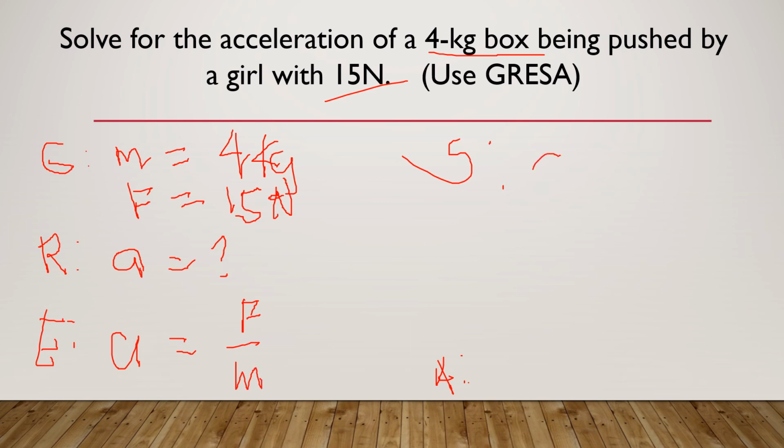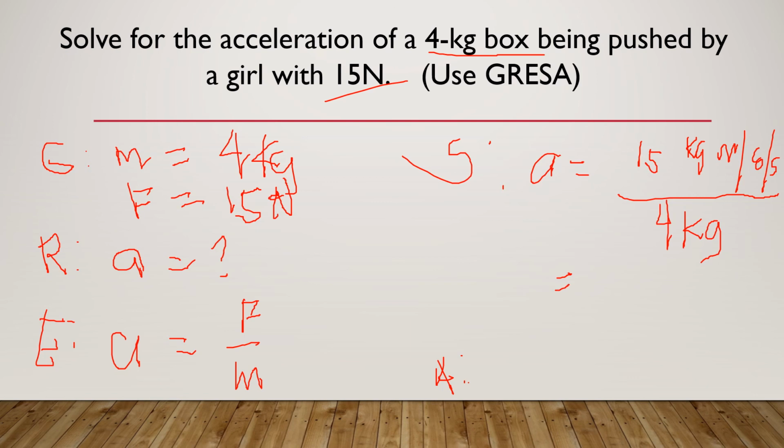Now for the solution, acceleration is equal to force, which is, you need to substitute 15. You need to expand also Newton as kilogram meter per second squared, divided by the given mass, which is 4 kilogram.